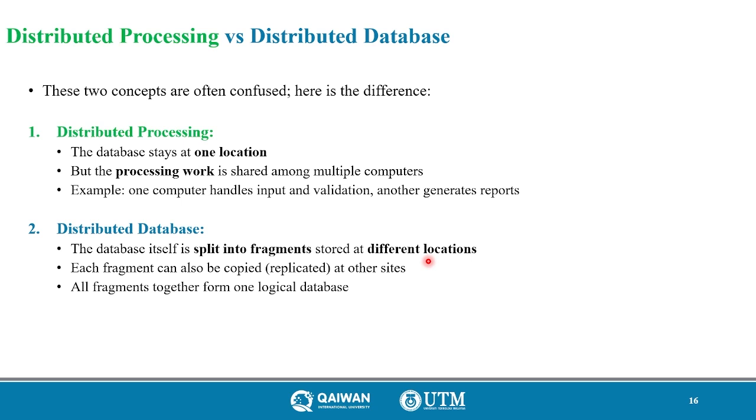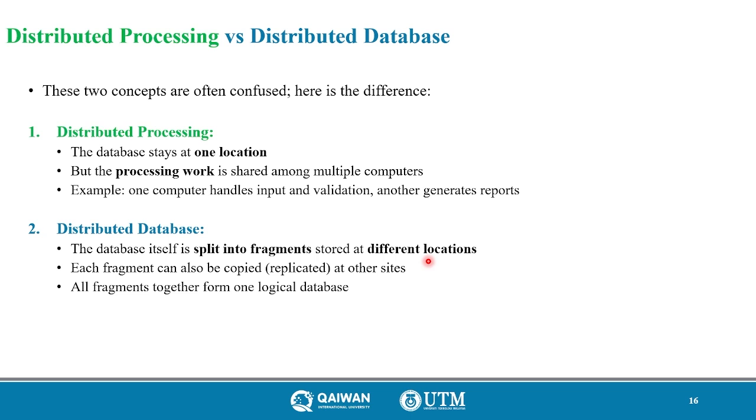Now, these two concepts are often confused. Here is the difference. In distributed processing, the database stays at one location, but the processing work is shared among multiple computers. For example, one computer handles input and validation, another generates reports. However, in a distributed database, the database itself is split into fragments stored at different locations.